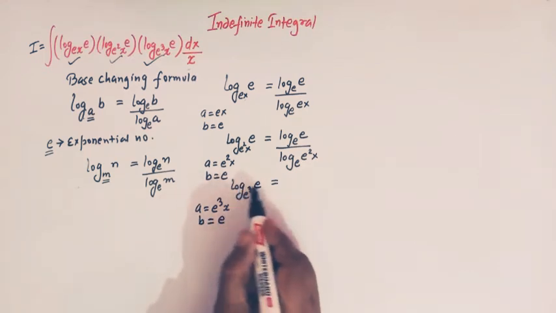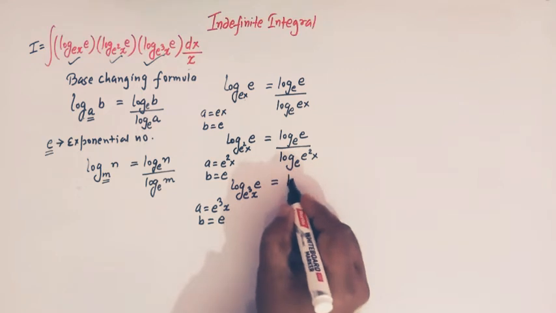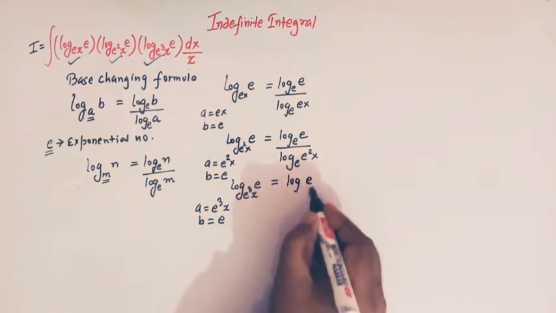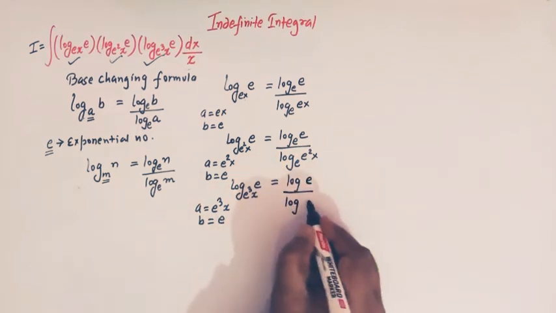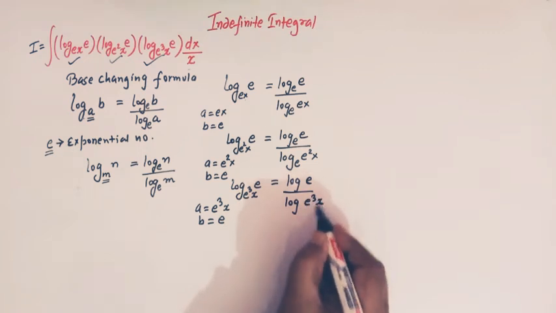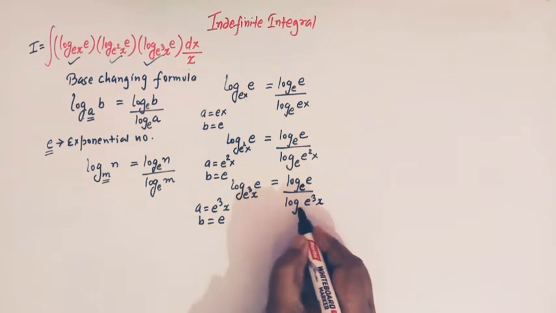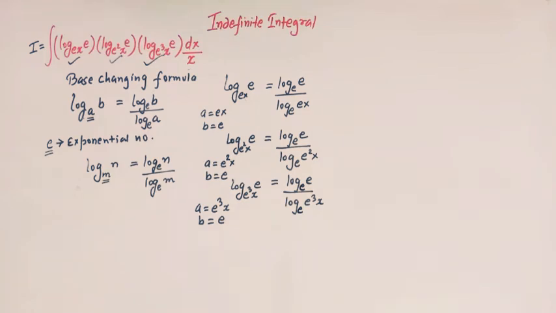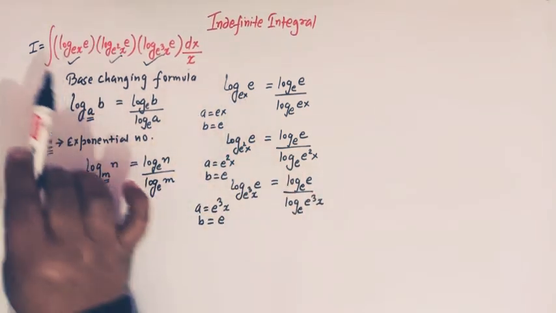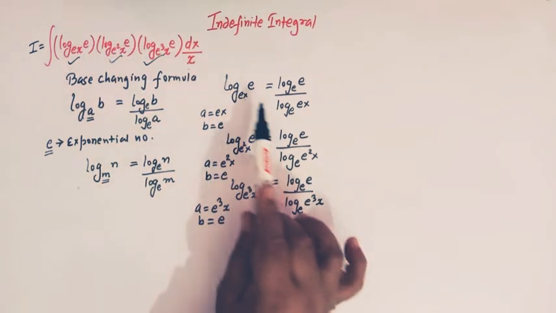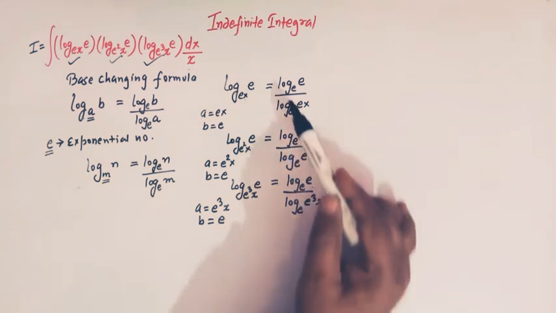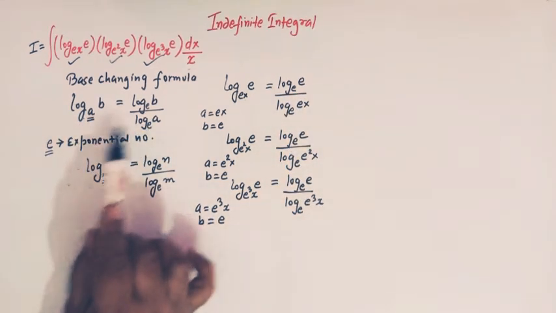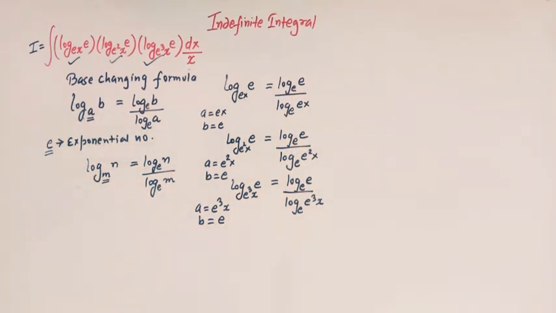So now this term can be written as log of e, then log of e^3x, and we'll simply put here the base e, right? So viewers, these three terms would be written like this with the help of the base changing formula, right?